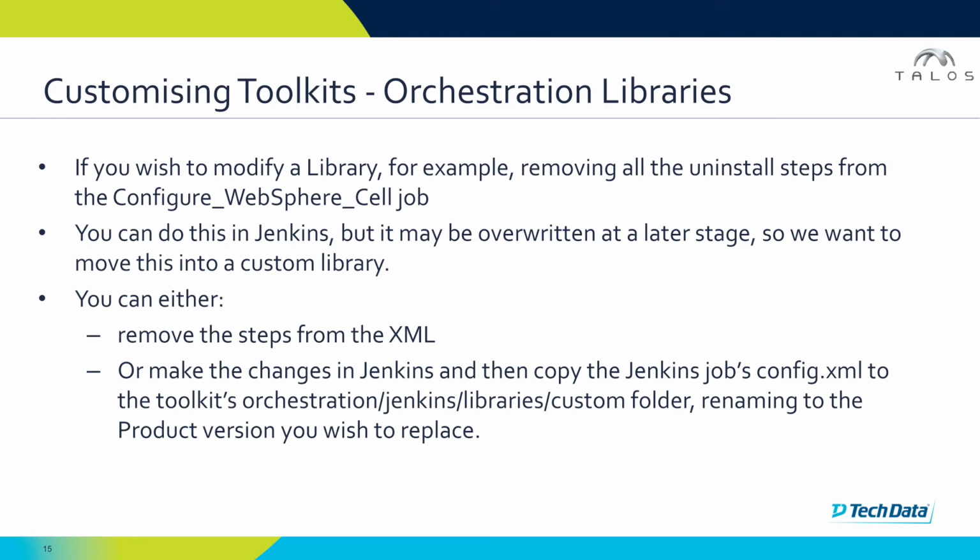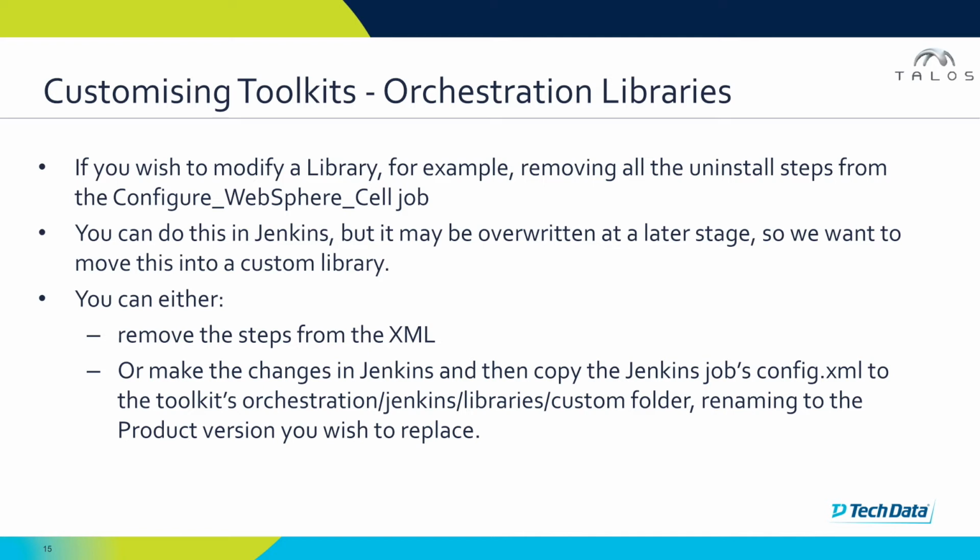If you wish to modify a library, so these are Jenkins jobs that are called by projects, for example, if you have another way of uninstalling your middleware runtimes from your servers.